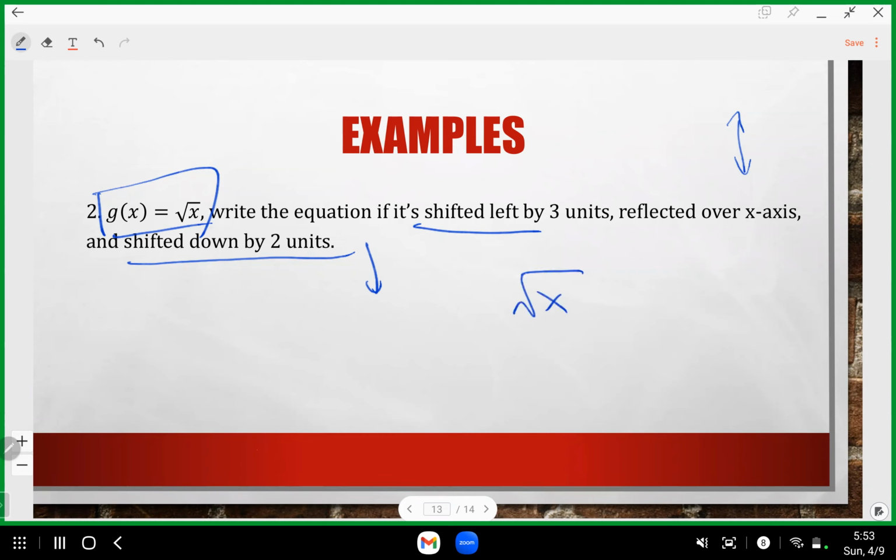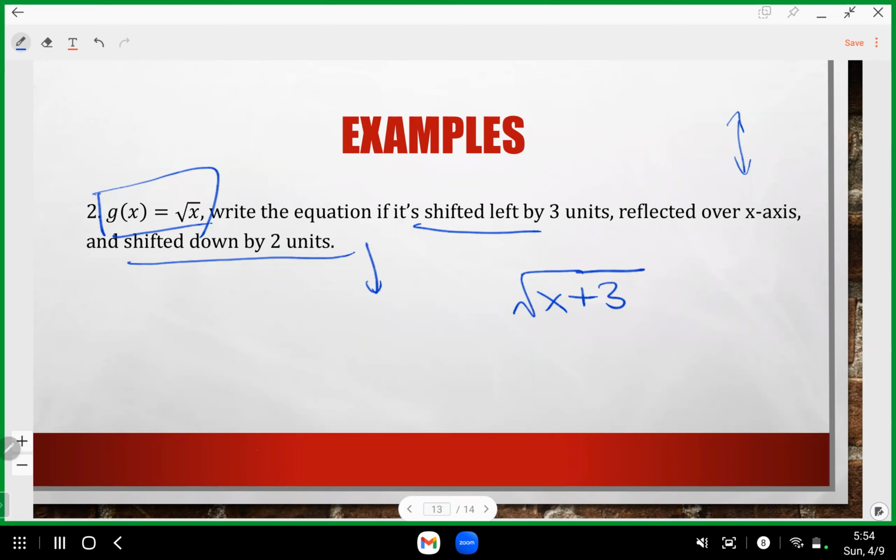Remember what I said: if you're subtracting c, it's going to be shifting right, meaning that when you add a positive c, it's going to be shifting left. So we have to add 3 inside the parentheses, which in this case is the square root. You have to shift it left by 3 units, and then we have to reflect it over the x-axis.